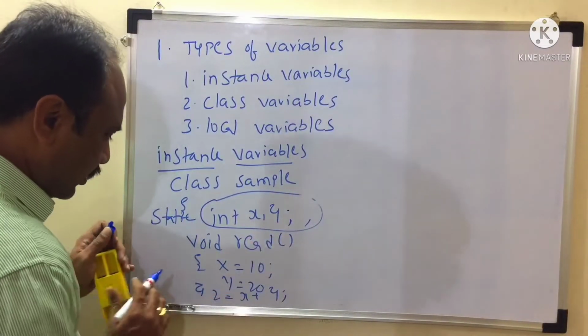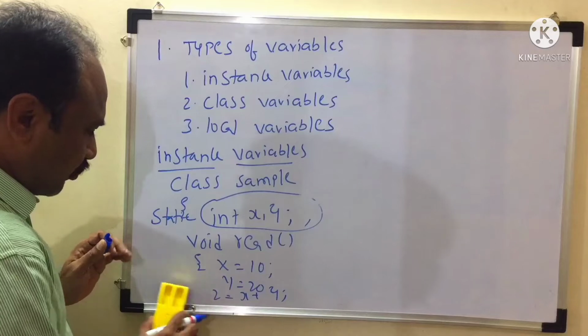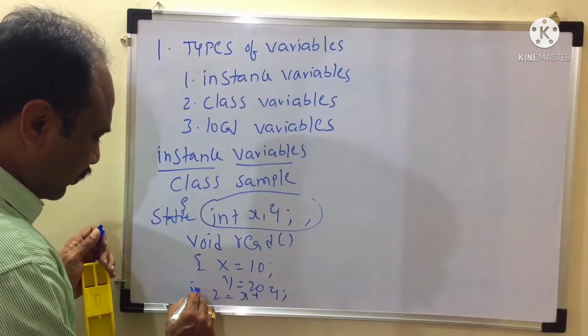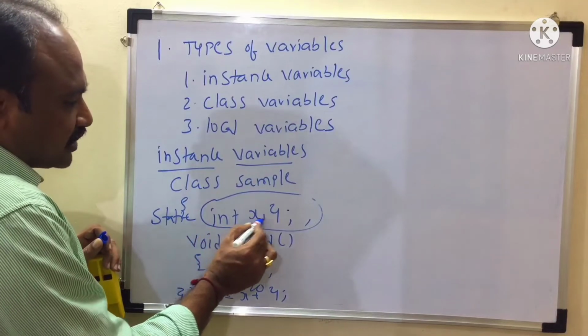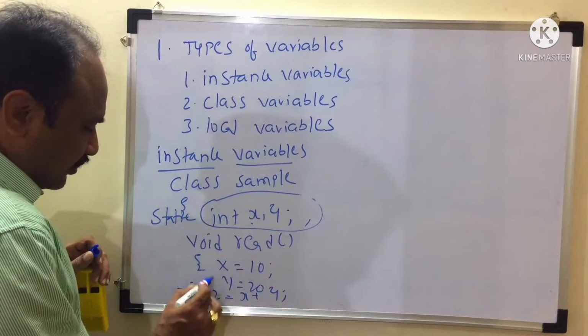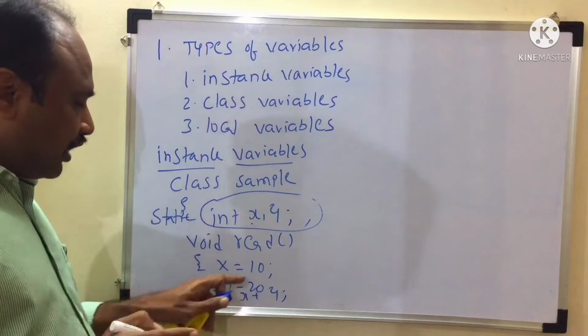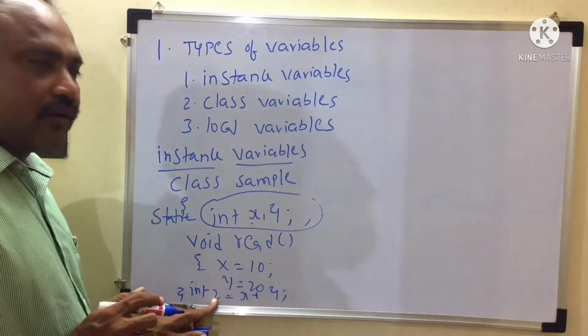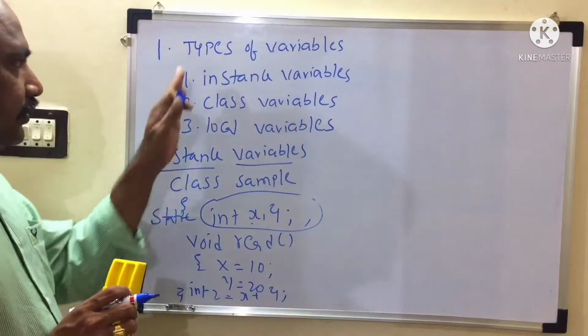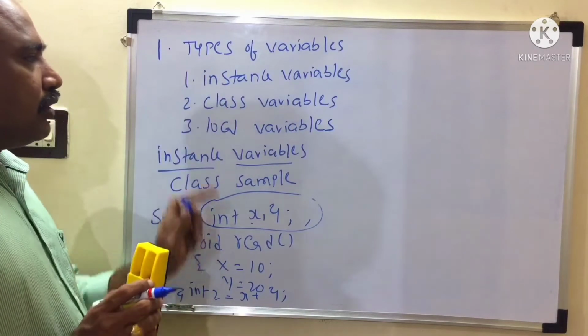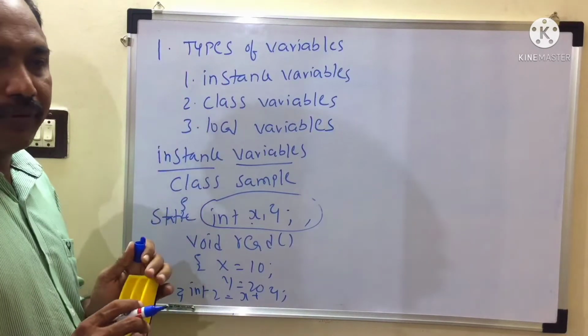I will declare x equal 10, y equal 20, int z equal to x plus y inside the method. We are declaring x and y inside a class, but z inside a method. A variable declared in a method is a local variable. This is about instance variable, class variable and local variable.